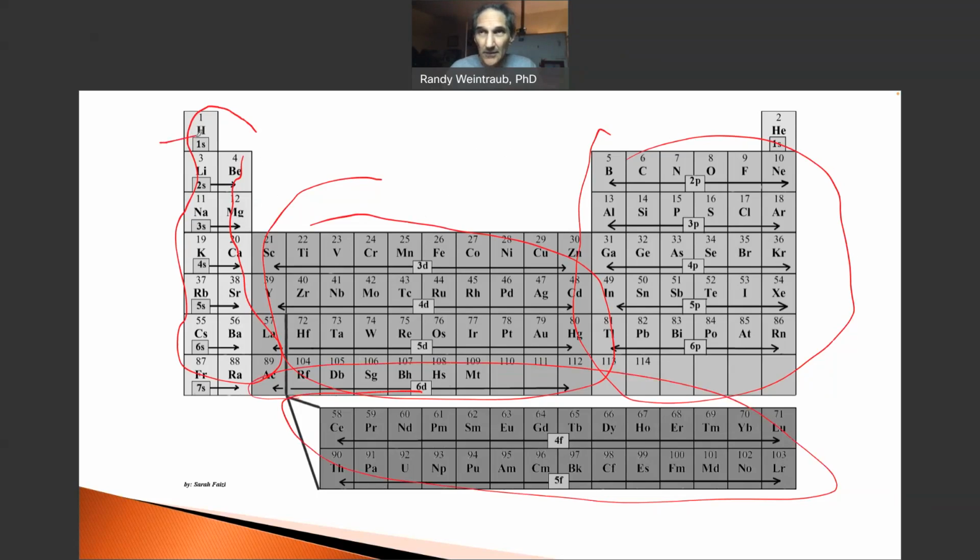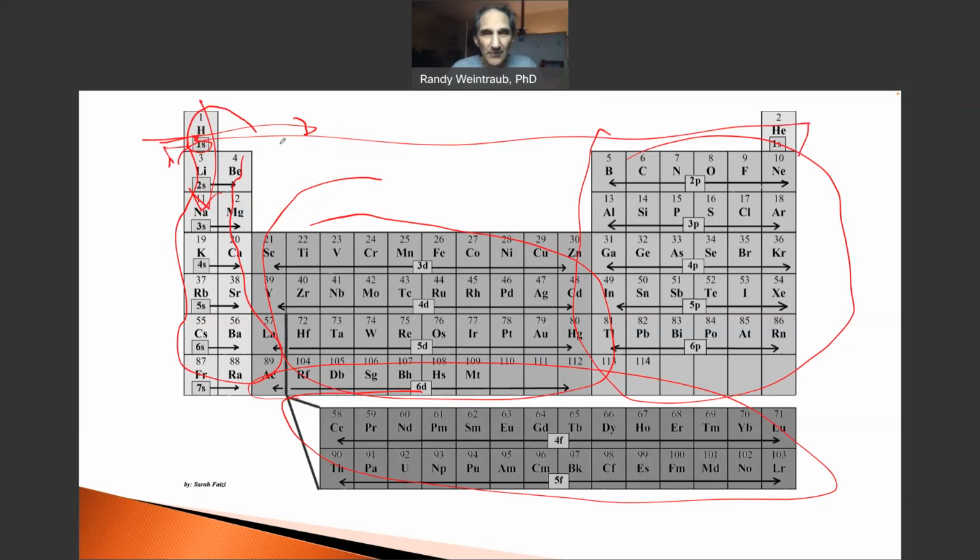Now we know that the numbers going across in rows are called periods, and there are 7 periods. Going up and down, sometimes called columns, are groups, also known as families, and there are 18 of them.